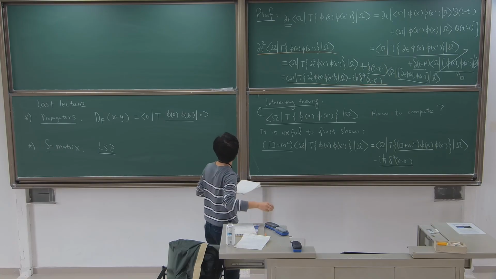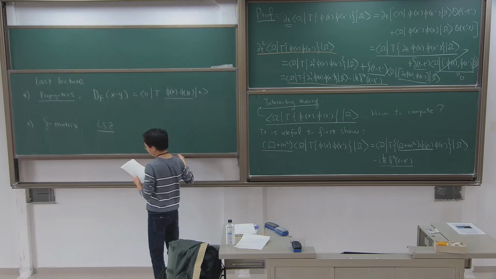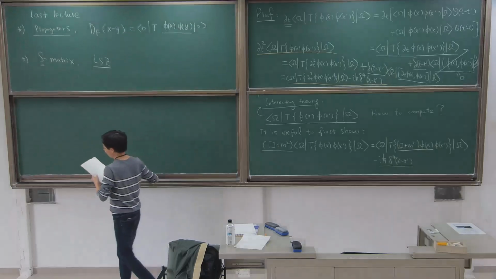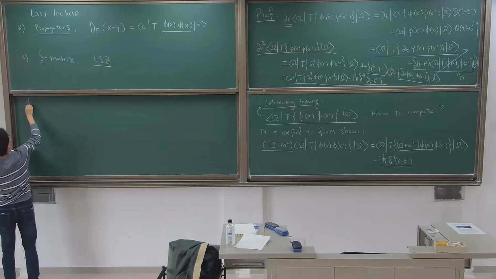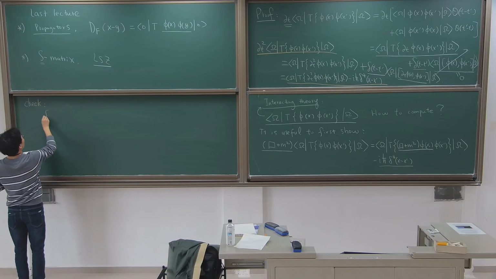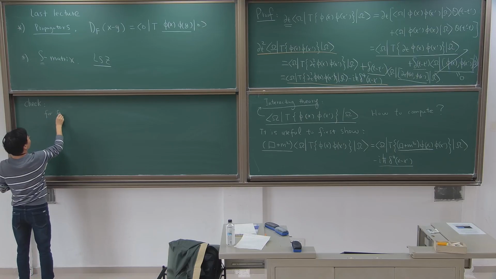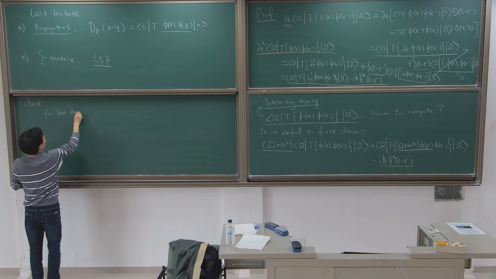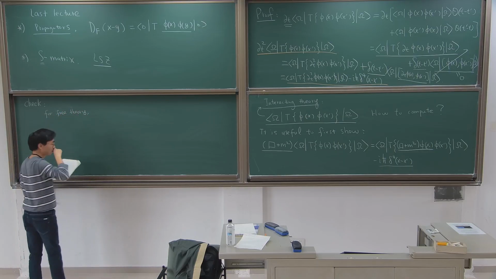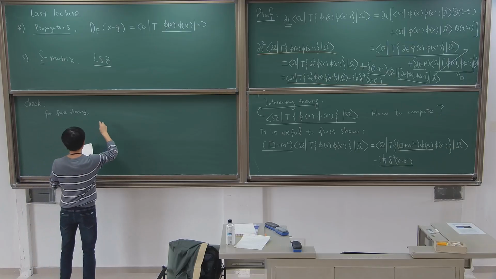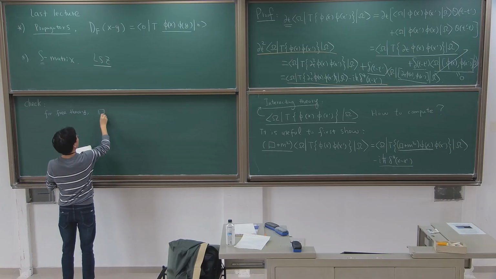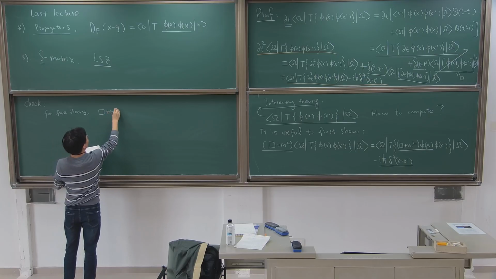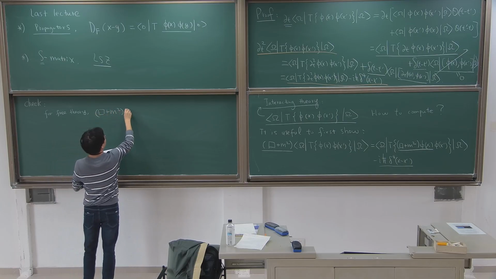Now, as already mentioned, you can check the relation if the theory is free, let's say that's below the free field, the equation of motion for the free field phi naught.